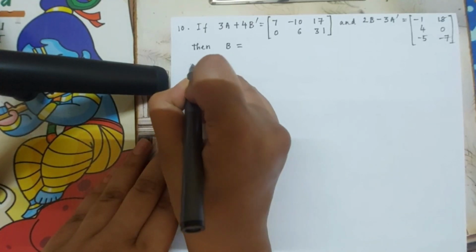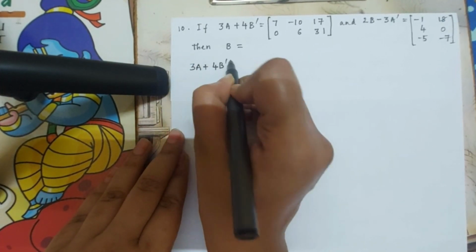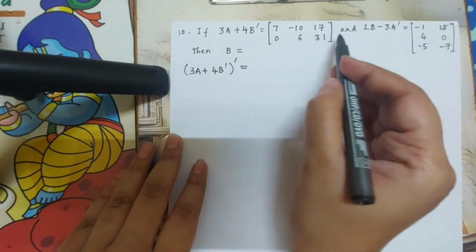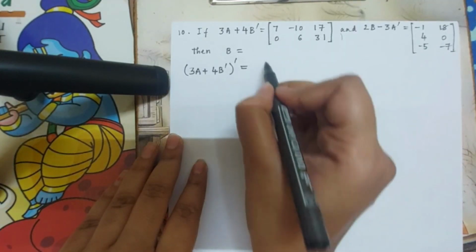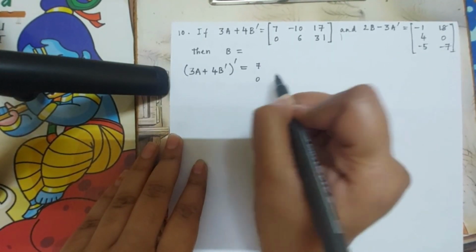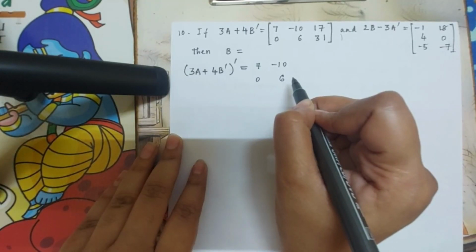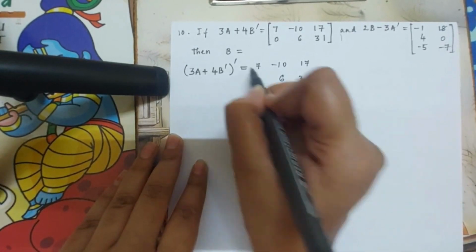So I'll be able to write this as 3A plus 4B dash the whole dash will be equal to the transpose of this matrix also. So this is 7 0 minus 10 6 17 31 the whole dash.